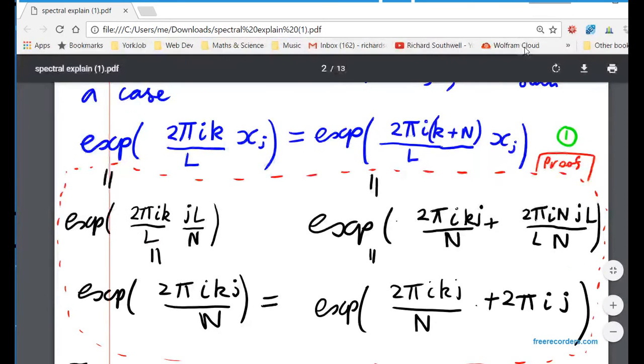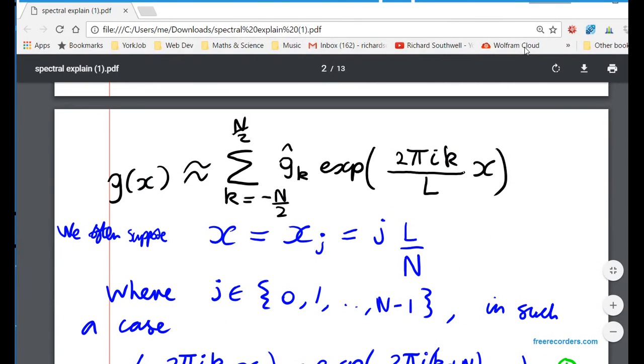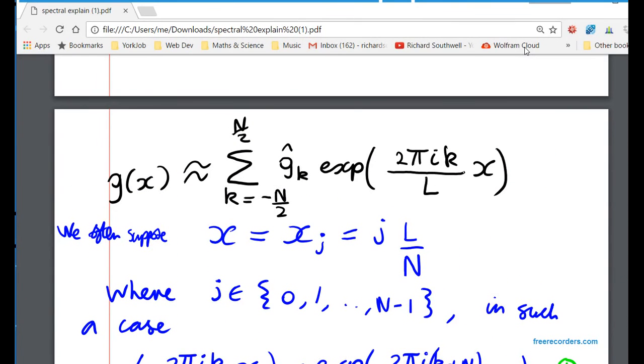So this has an interesting implication for the formula, because basically this formula involves constants times exponentials of different types. But I've just said that these exponentials are repeating with period n with respect to k. So if you think of these constants g hat k, essentially we can think of those as repeating too, because it turns out there's going to be a unique way to determine what these constants are.